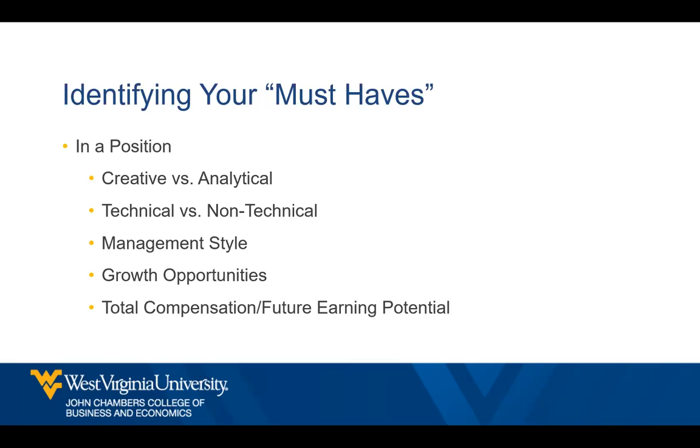Also, sometimes from a job description, you can actually see what management style might be utilized in that position. Sometimes they'll say you'll get a mentor, or you will be directly reporting to a certain person. So you're able to see that management style, as well as whether it's a more autonomous role or you're working on a team. You're also sometimes able to see growth opportunities.